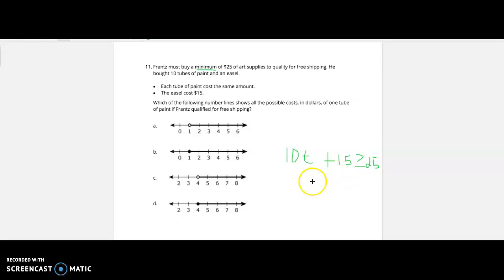Now we can subtract 15 from both sides. That's going to give us 10t is greater than or equal to 10. And then divide both sides by 10.